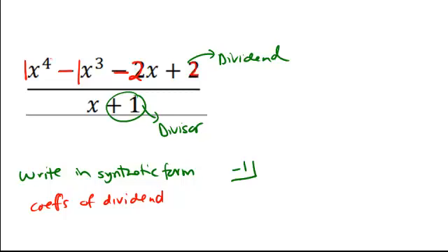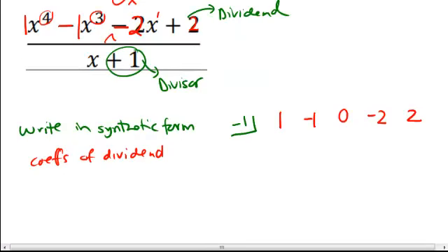Notice it's going from 4 to 3, but then it goes to 1. So the 0 x squared term is missing. So when you write the coefficients of the dividend, you want to actually go in decreasing order. So you write 1, then you write negative 1, then you write 0, negative 2, and then 2. So remember, the red terms are the coefficients of your dividend.